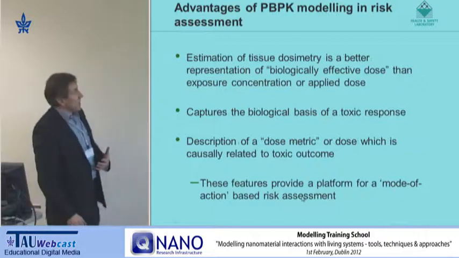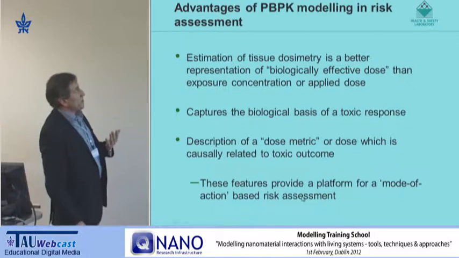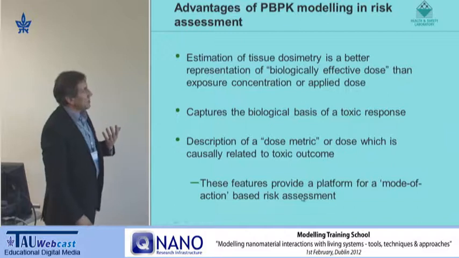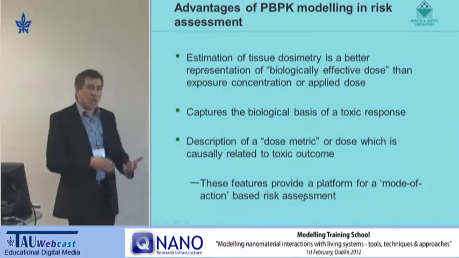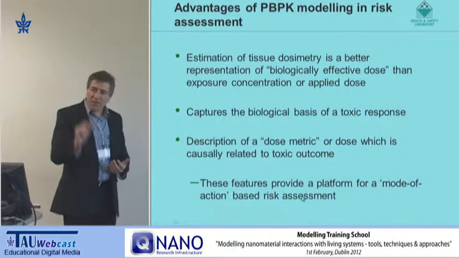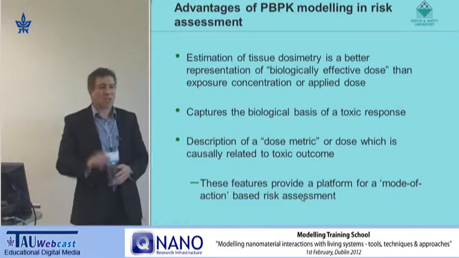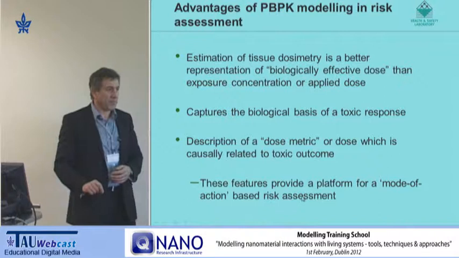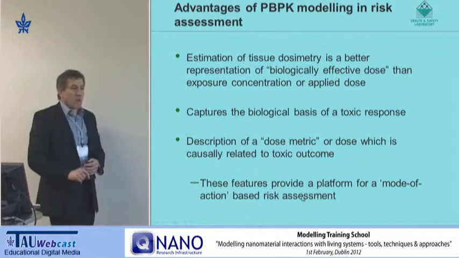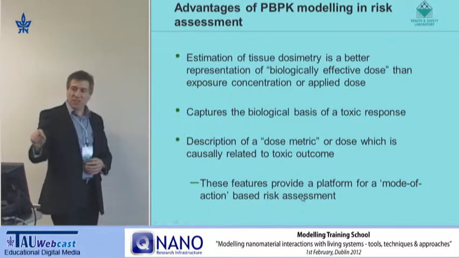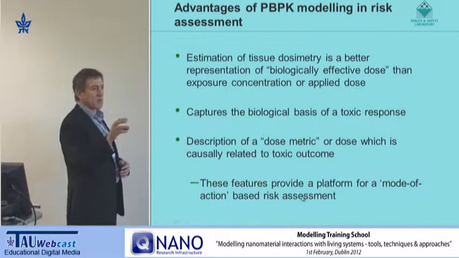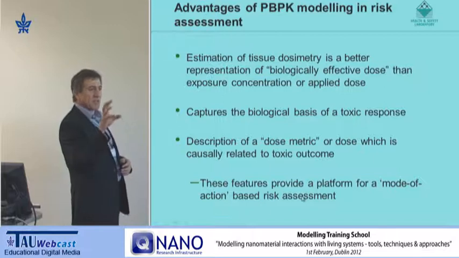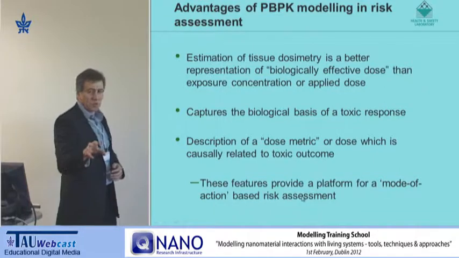So, as I've just said, tissue dosimetry is a better way of correlating disease with response because it's the biologically effective concentration that we're actually estimating. And we try and capture as much information about what's going on in the cell, not only the amount that gets delivered to the cell, but what is the form of the chemical in the cell. Is it the parent chemical you were exposed to?